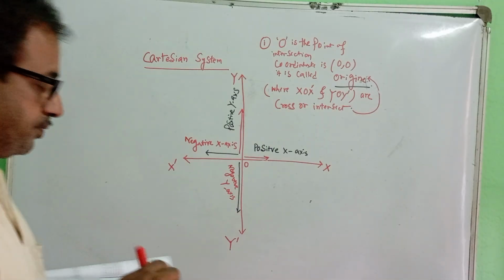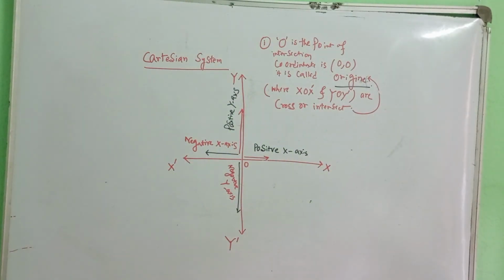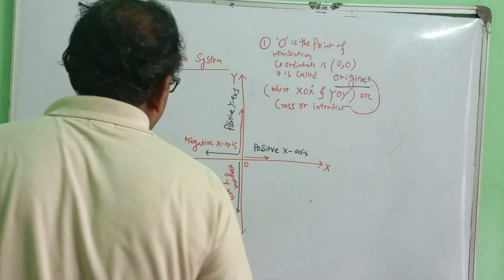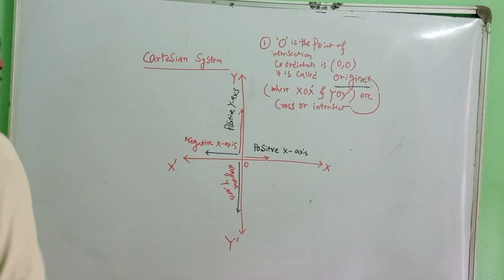Is it clear? Now what is the positive x-axis, the negative x-axis? Now there is a fourth part.